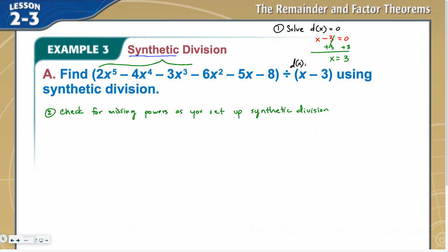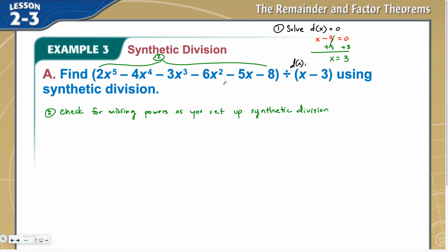You start with your leading term's power, which is 5. You need to make sure that you have every smaller power going down from the 5. So do I have a power of 4? Do I have a power of 3? 2? Do I have a 1, which means just an x without showing a number? And do I have a constant all on its own?